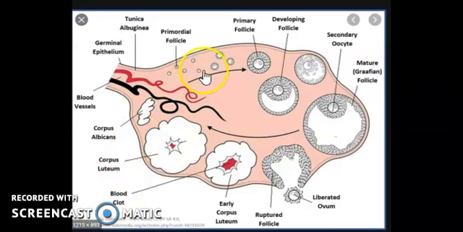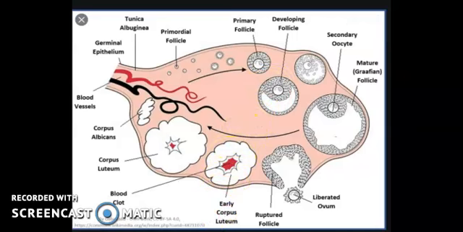These cells are now called oogonia. As the oogonia continue to grow in size, they are surrounded by layers of granulosa cells, which now form the rudiments of ovarian follicles.